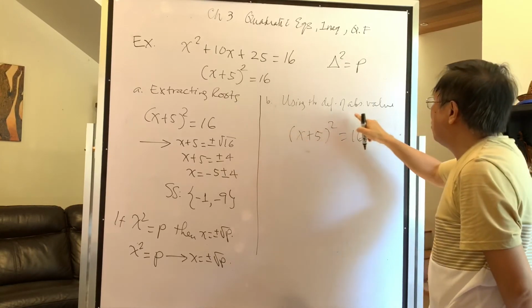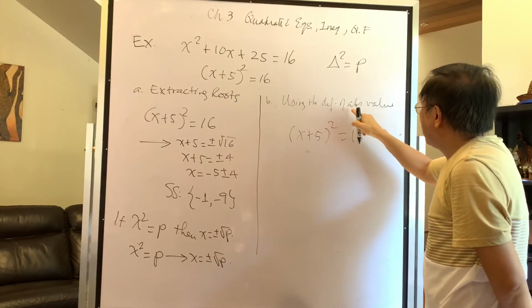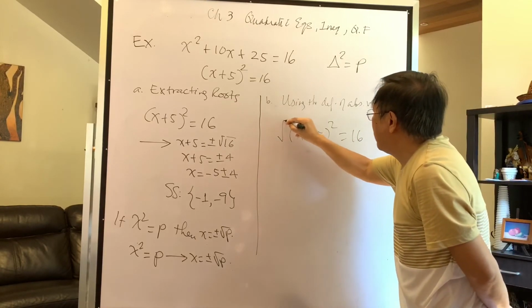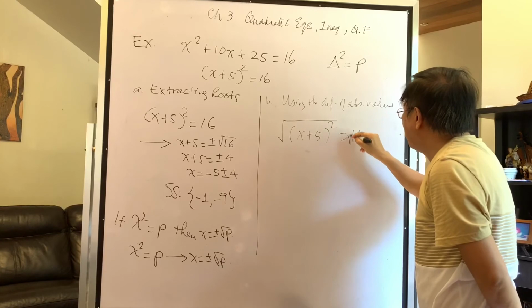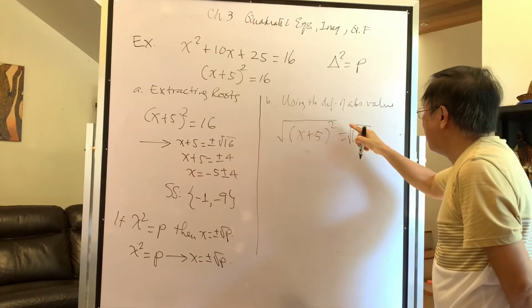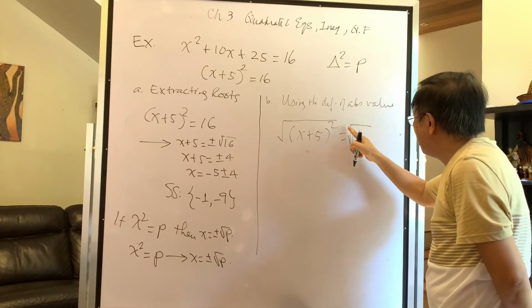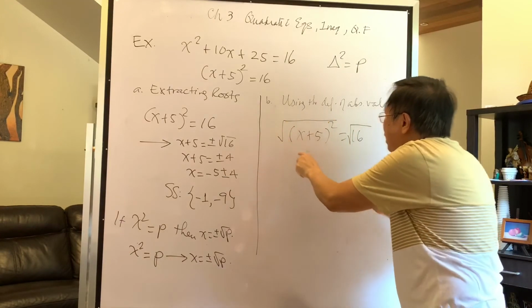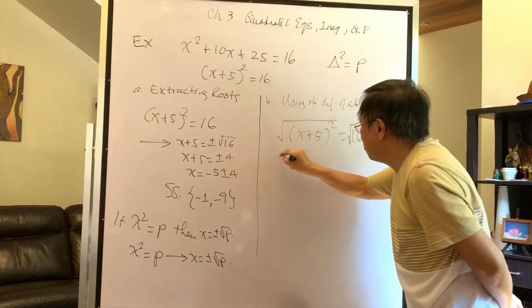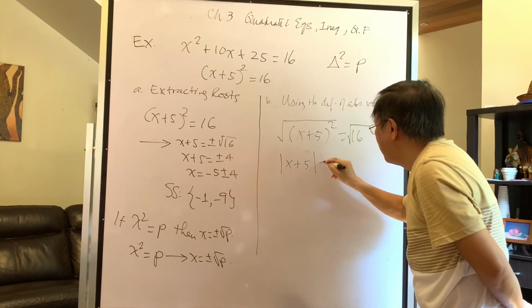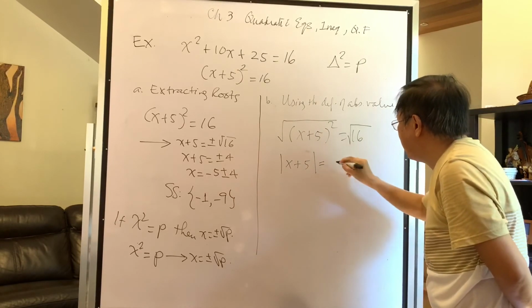So I can now introduce the definition of absolute value by introducing square root to both sides. Remember, I just introduced this square root symbol without writing plus or minus there. My concern is to rewrite this in its absolute value form, which is actually x plus 5, and I will simplify this and it becomes a 4.